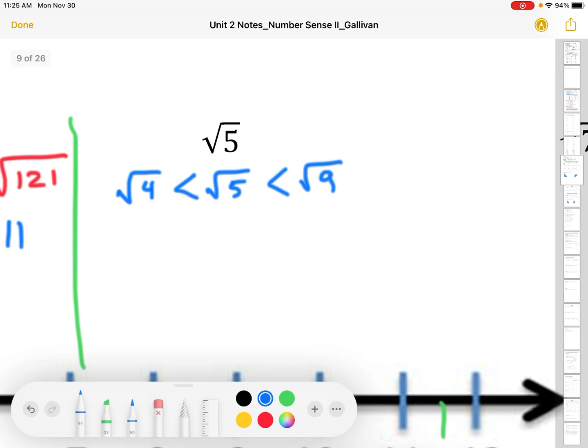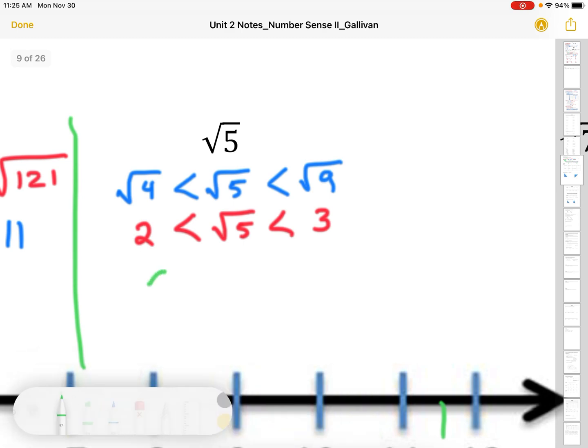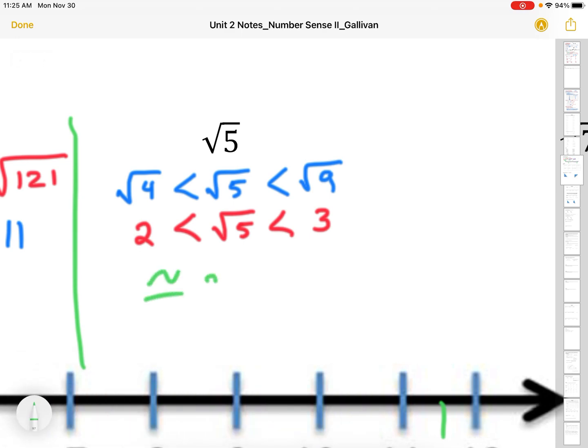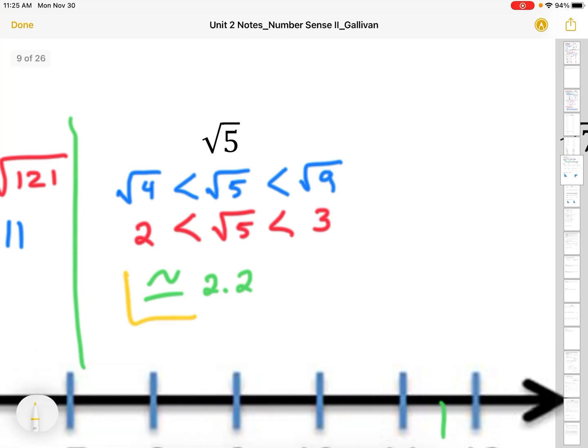Now 5 is certainly a lot closer to 4 than it is to 9, so I think it's going to be closer to the 2, and I would say it's approximately 2.2, okay? If we take 5 and take the square root, I get 2.2, so I'm in the right ballpark. And you know that this symbol here means approximately, right?